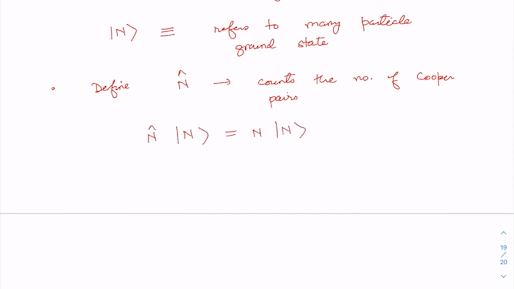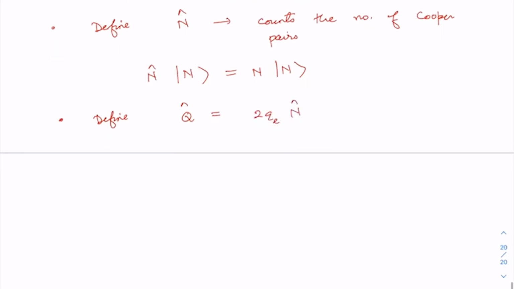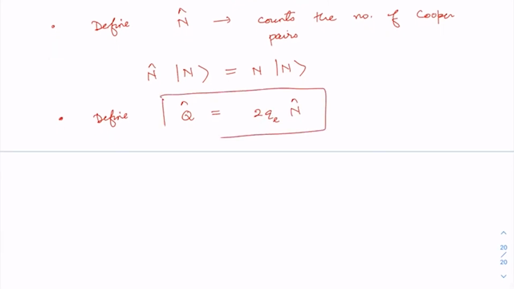This is familiar to you. And also let us define another operator called the charge operator Q cap, and this would be twice QE times N cap, right? So this is our charge operator.